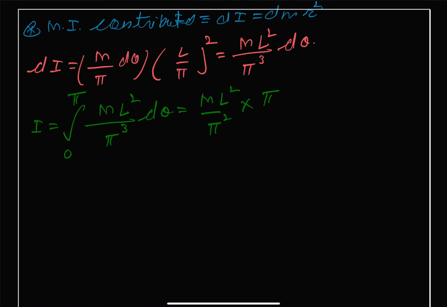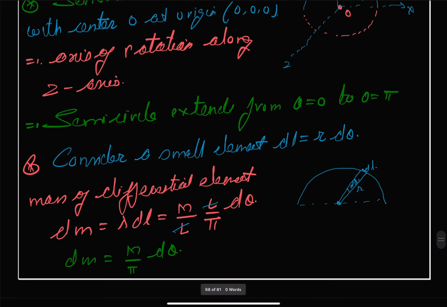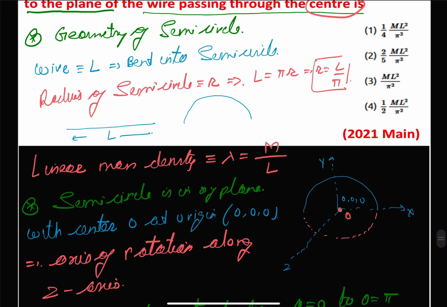So this pi cube is reduced by that pi, and we are left with m L square upon pi square. Option 3 is correct.